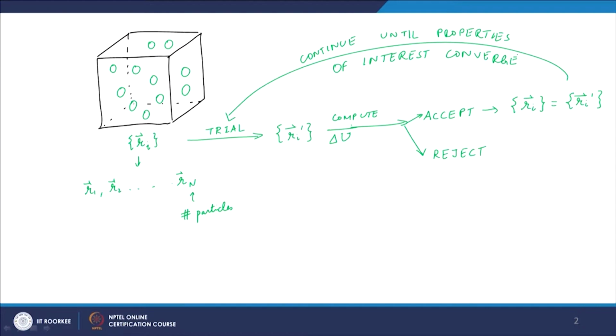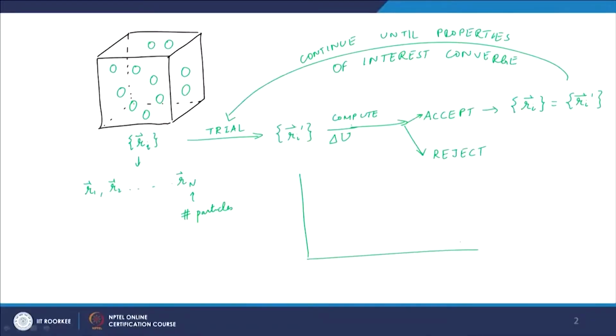So, let us see like what do we mean when we say properties of interest. So, in reality what we are doing is, when I am doing these simulations, to begin with I start with a state that is very far from equilibrium, and then the hope is that if I continue doing it I will reach a state of thermodynamic equilibrium. Okay.